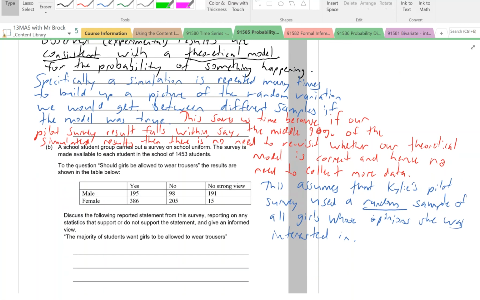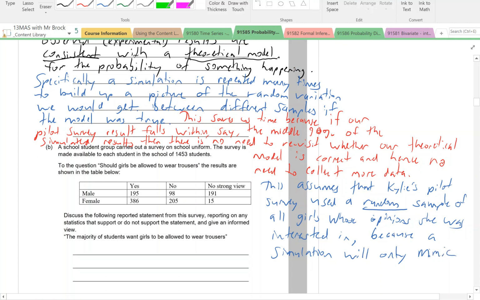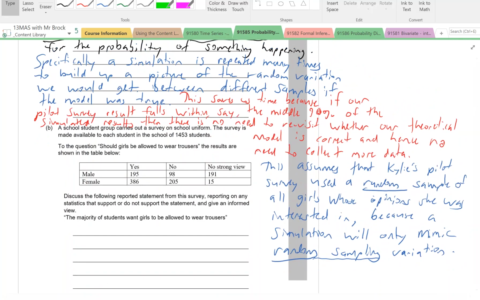The simulation only takes into account random variation, random sampling variation. You could say simulation will only mimic random variation. And as the sample wasn't selected randomly, there could be other biases not taken into account by the simulation. Okay, that's the end of this video.